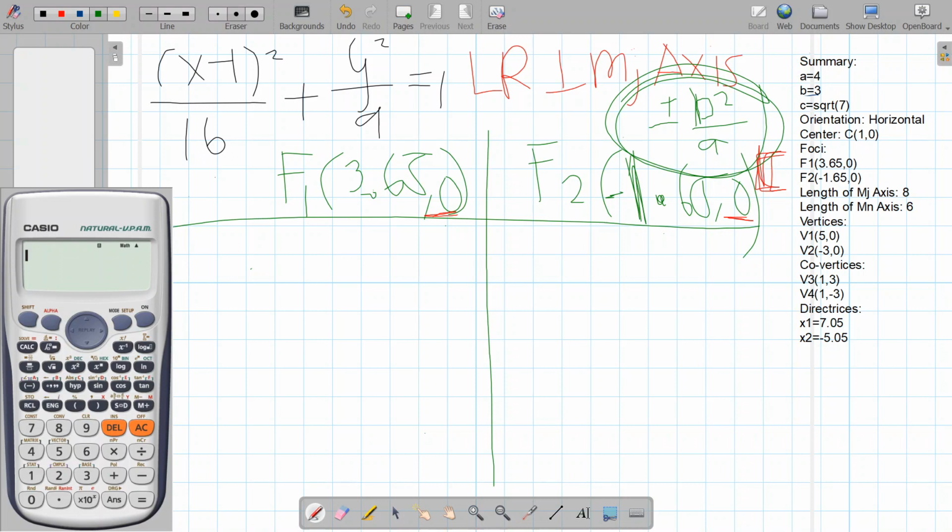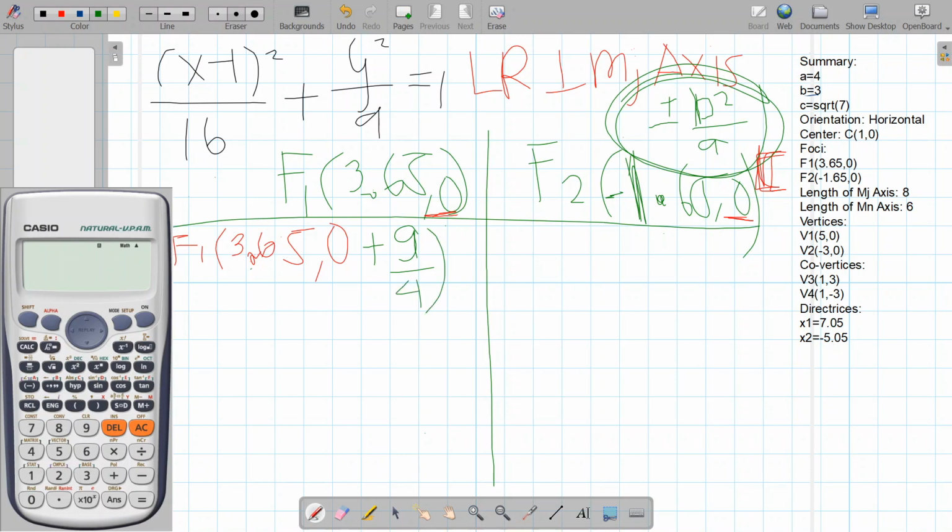So let's try F1 first. It's plus or minus, so there are two cases. For F1 we have (3.65, 0) plus, what is our b squared? b squared is 9, and 9 over our a, which is 4.